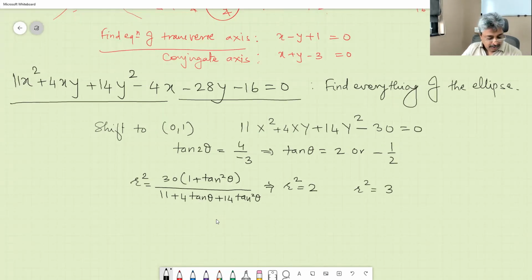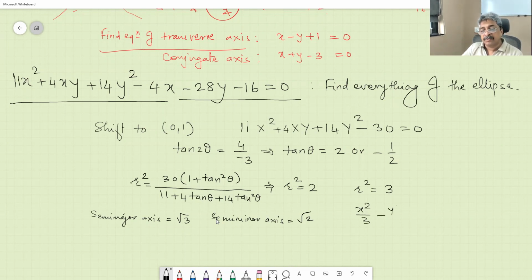Therefore, semi-major axis is root 3, semi-minor axis root 2. So after rotation, transformation and translation, you get x square upon 3 plus y square upon 2 is equal to 1. This is your standard equation of ellipse.